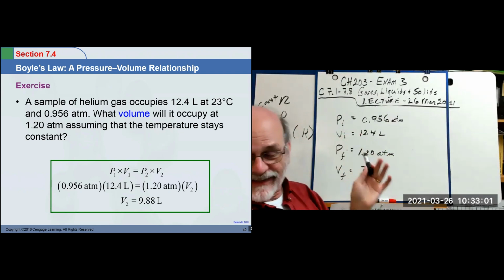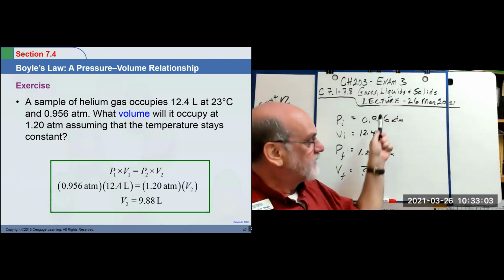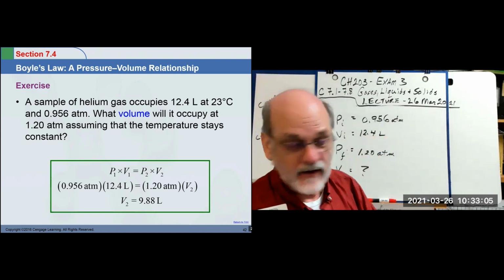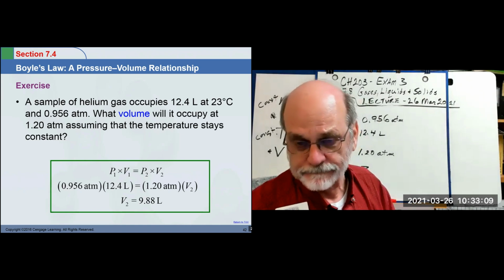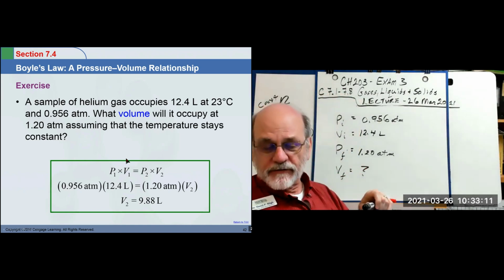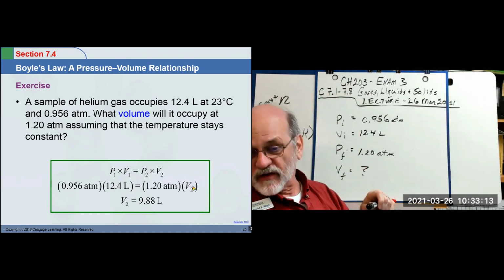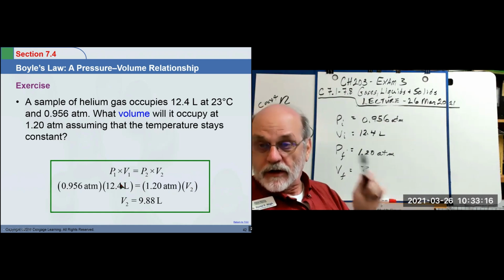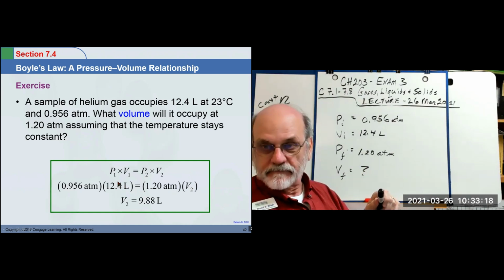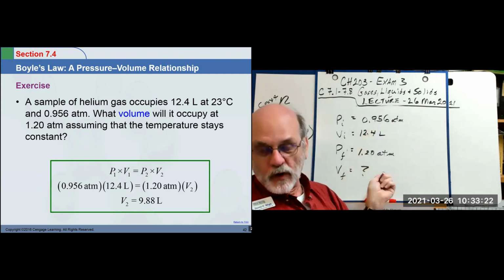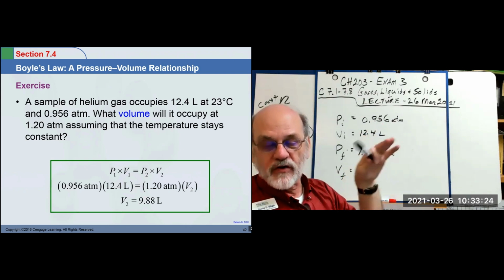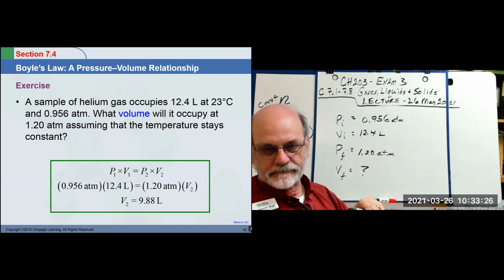Now, if you set it up like that, you're sure that your values are going into the right place in the formula, right? If you put the volume over here in the wrong place over there, you get the wrong answer. That's why I like to extract information from word problems into this form. Then you know what you have and where it belongs.